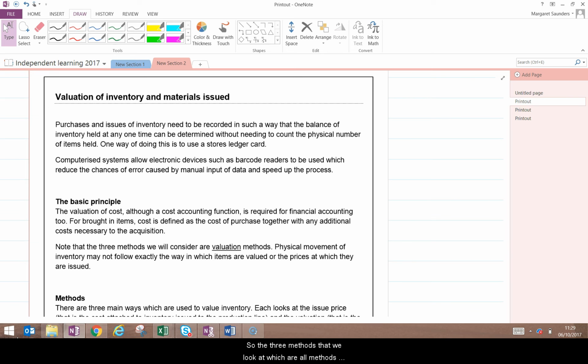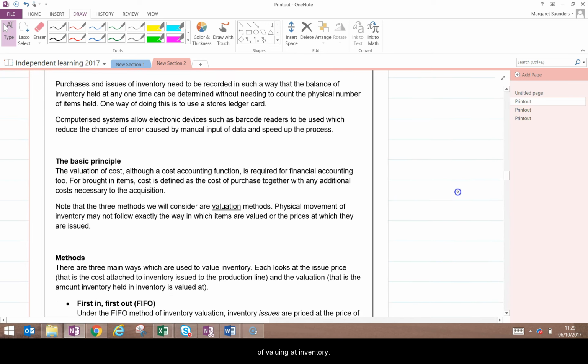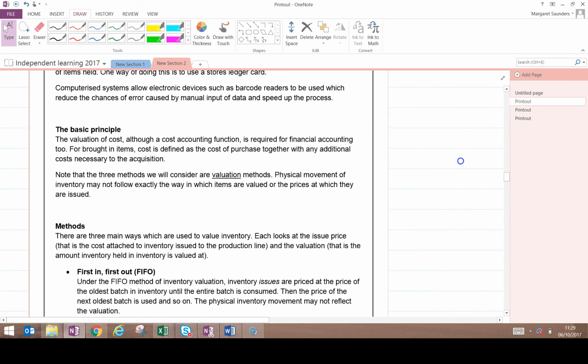So, the three methods that we look at, which are all methods of valuing our inventory, are FIFO, LIFO, and AVCO. It's important to remember that the actual physical movement of the inventory in the warehouse may not exactly reflect the way in which we are going to value it.